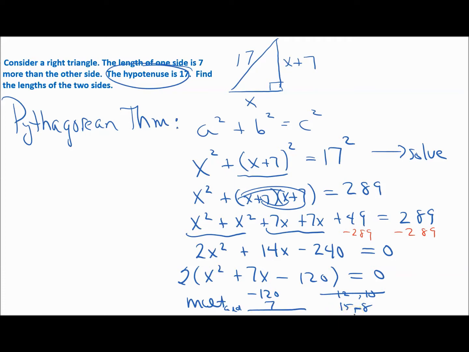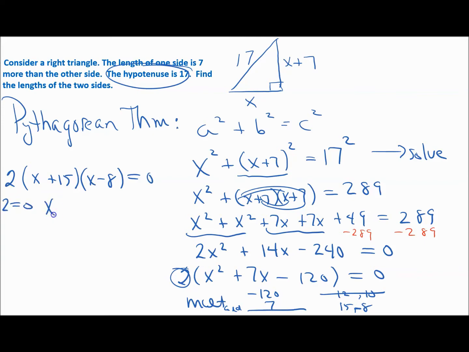So I'm going to come over here and keep factoring. The 2 is out here, stays, and this factors into x plus 15 times x minus 8 equals 0. And I set each one of my factors equal to 0. Now, I can't set 2 equal to 0.